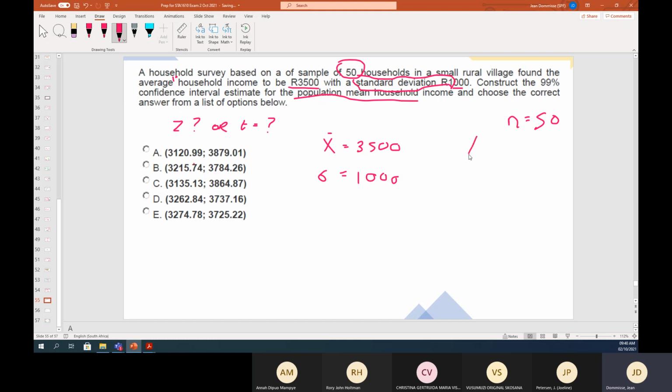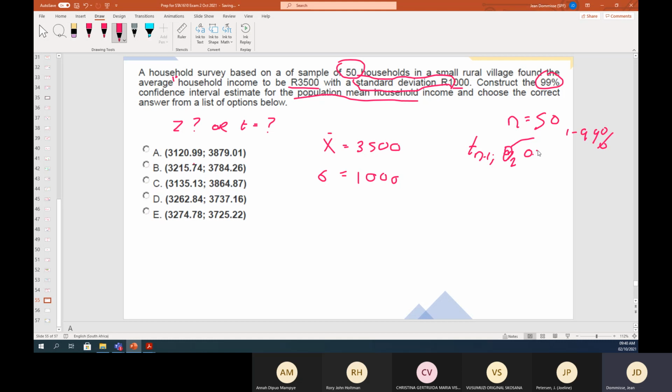So the T we need to remember is 1 minus n for the degrees of freedom, the alpha divided by 2. How do we get to that alpha? So it is 1 minus 99%, which is 0,01.